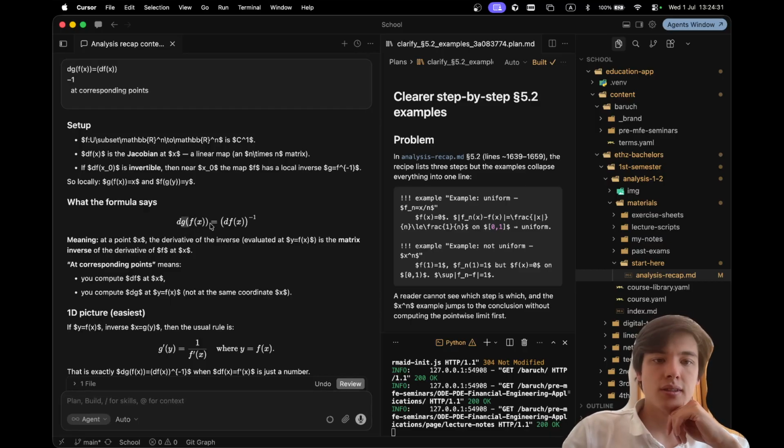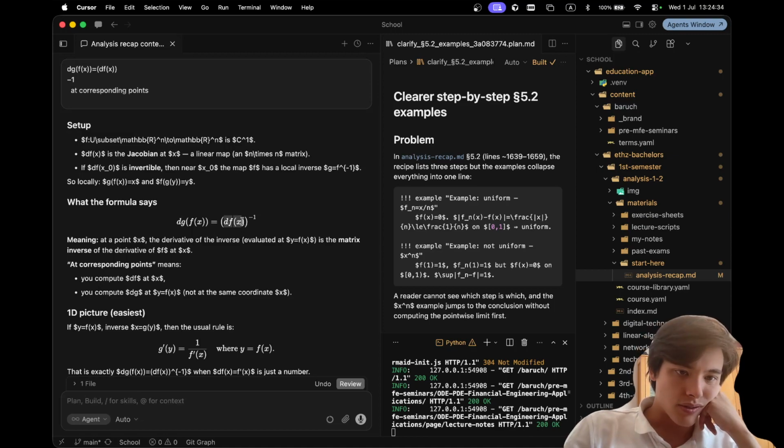Also, g is the inverse, which is the matrix inverse of the derivative.